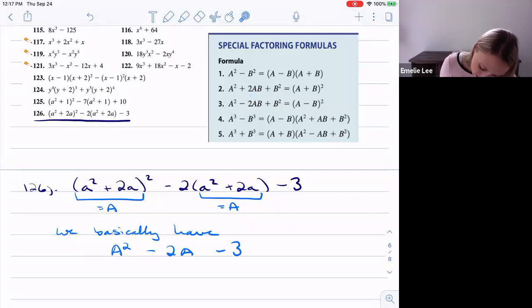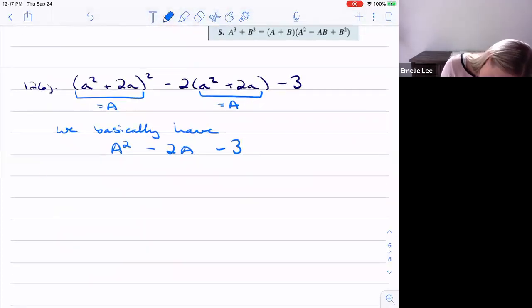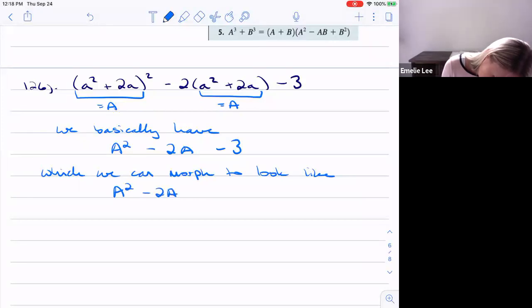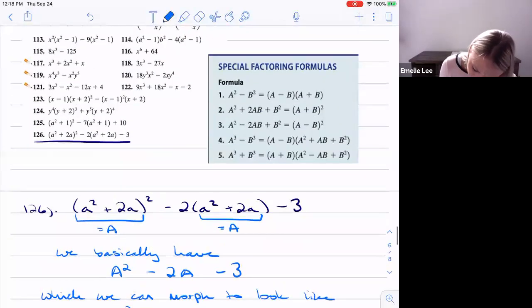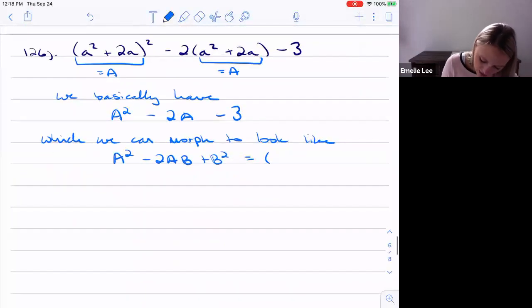So what's missing is, we basically have A^2 minus 2A minus 3, which we can morph to look like a^2 minus 2ab, minus, is it minus b^2? Plus b^2, which we can rewrite as (a-b)^2.